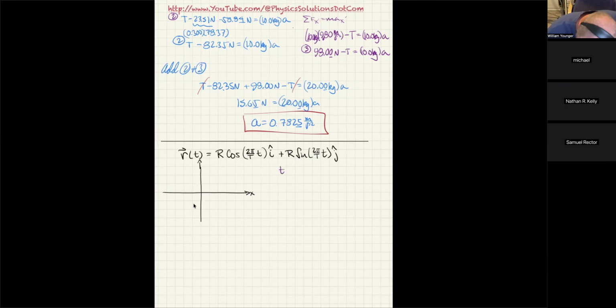So let's say t is one column of the data, and then r cosine 2 pi over T times t is x. That's one column, and r sine 2 pi over T times t is another column, and of course that one would be y.